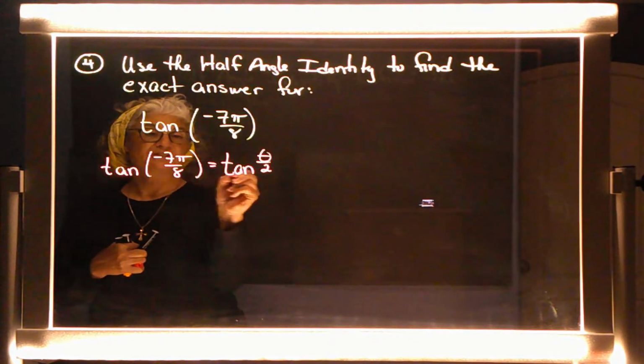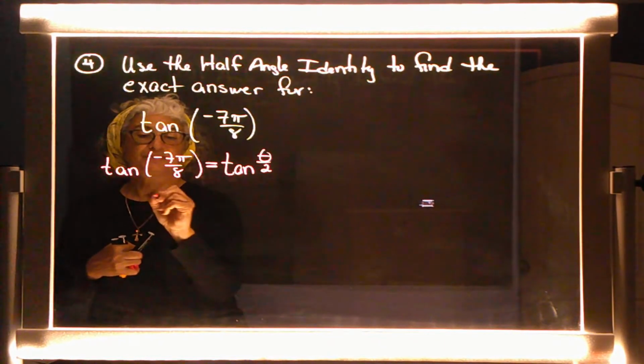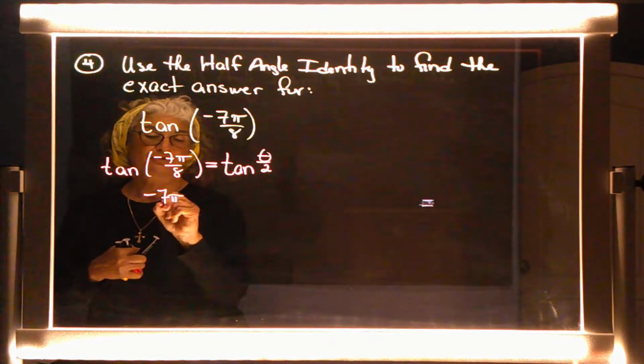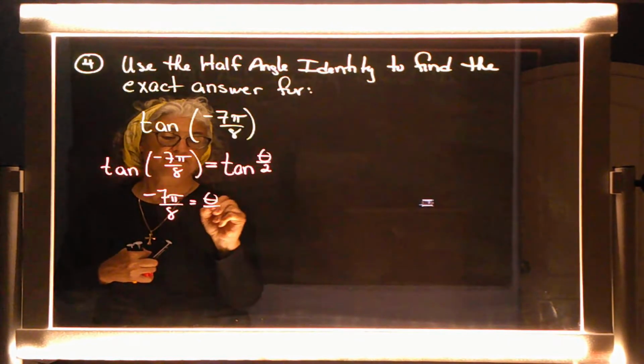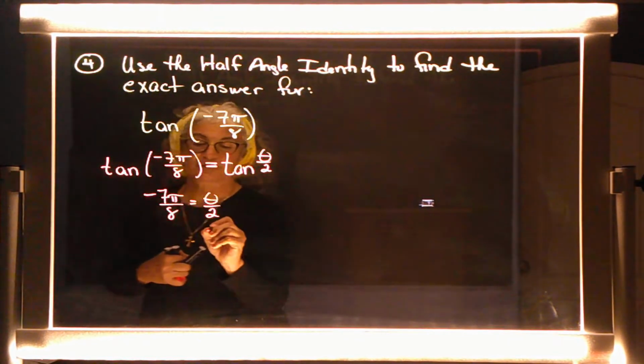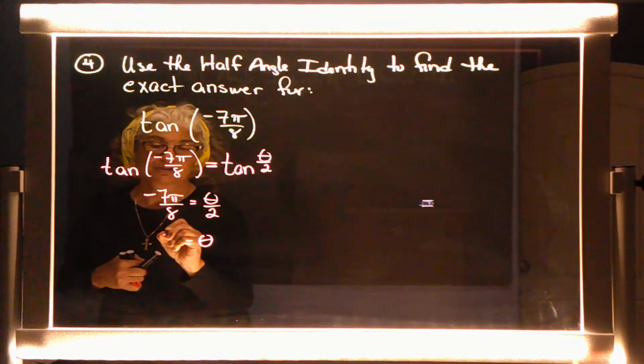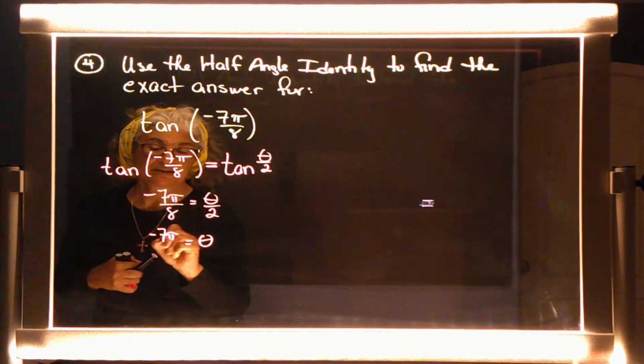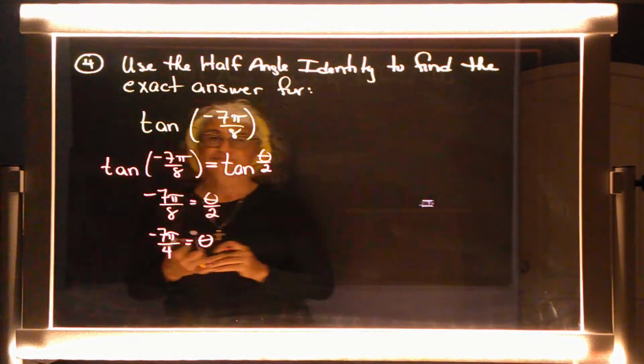Since they're both tangents and it's equal, that means the angles have to be equal to each other. I'm going to multiply both sides by 2, which equals negative 7 pi over 4. Are you with me?